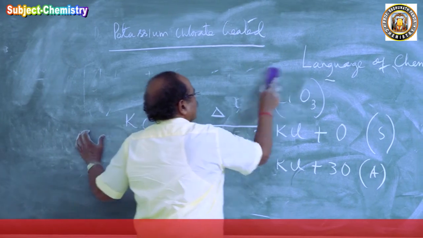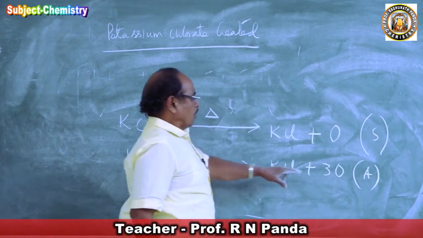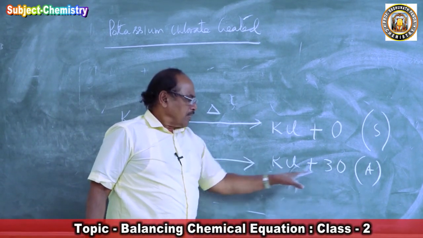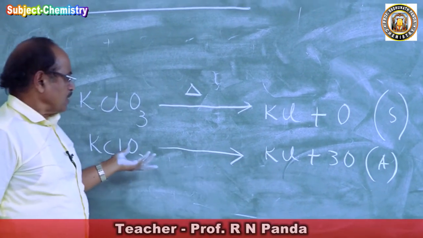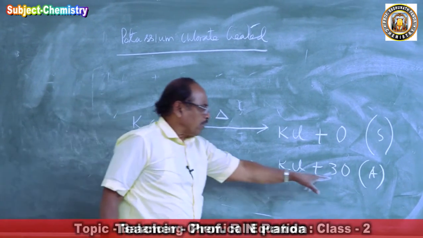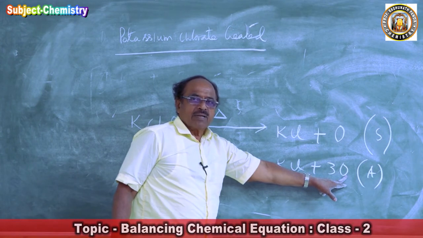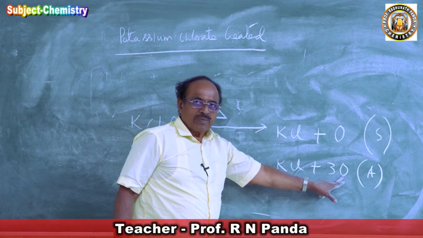Then my procedure is I will make it a molecular equation. Oxygen is an elementary gas, it will exist in the diatomic state. Potassium chloride is a molecule, and potassium chlorate is a molecule. So only oxygen I will make diatomic. I will make it O2, because oxygen is an elementary gas, it will never remain as O. O2 means 3O becomes 6O, so we have to multiply by 2.